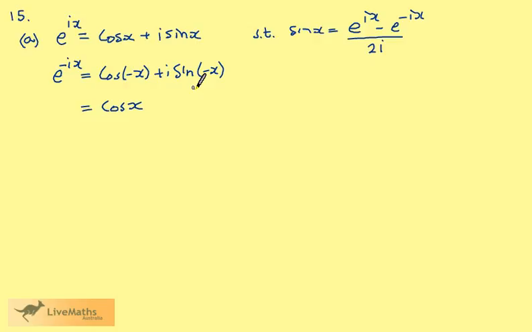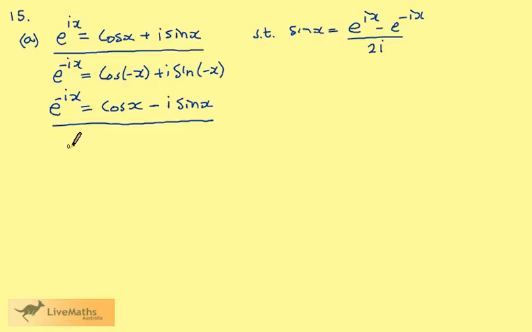But the sine of negative x, because sine is an odd function, is always the negative of sin x. So e to the negative ix is equal to cos x minus i sin x.